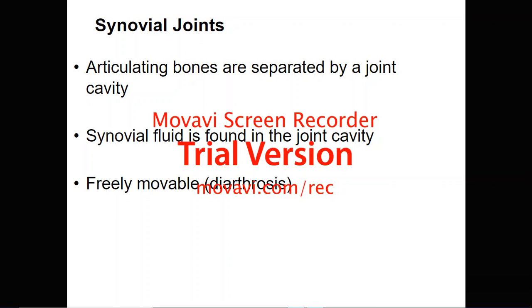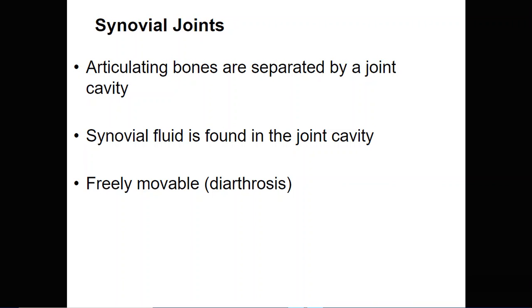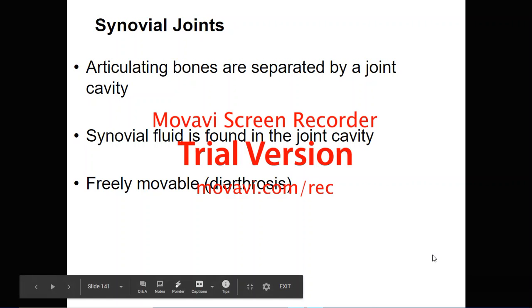And in the cartilaginous joints that we just got through talking about, they are slightly movable, amphiarthrosis. Okay, so just a recap on those terms. And we will talk about synovial joints in more detail in the next few slides.